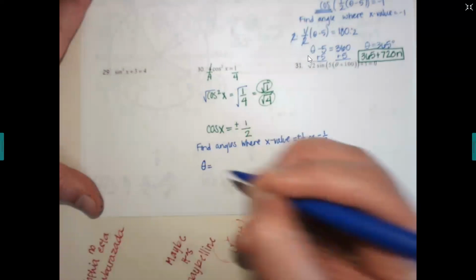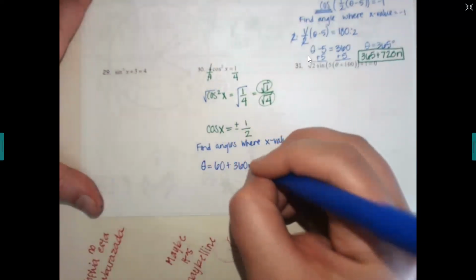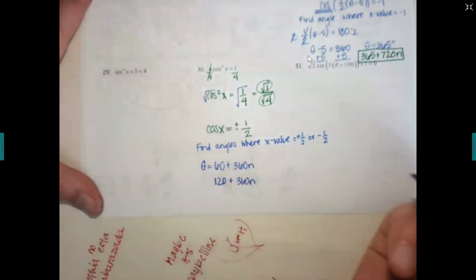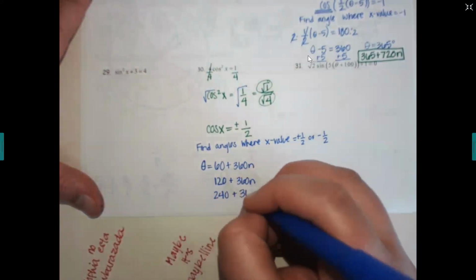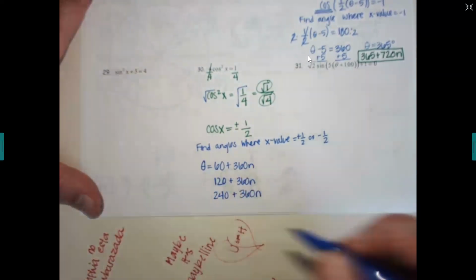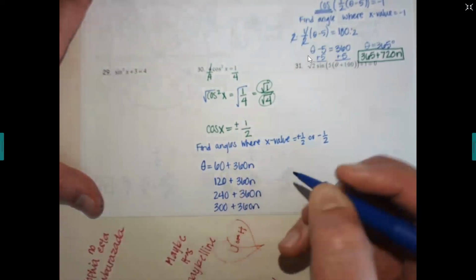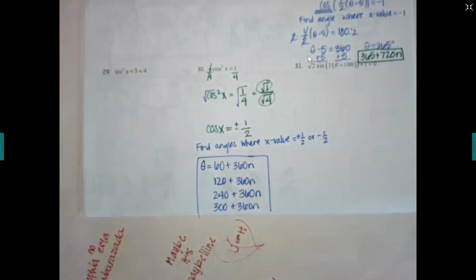So then it would be theta equals 60 plus 360n, 120 plus 360n, 240 plus 360n, and 300 plus 360n. Okay, you should never get more than 4 when you're solving.